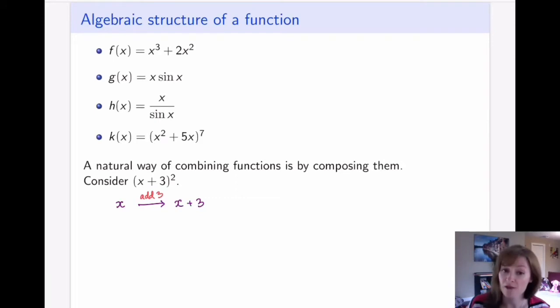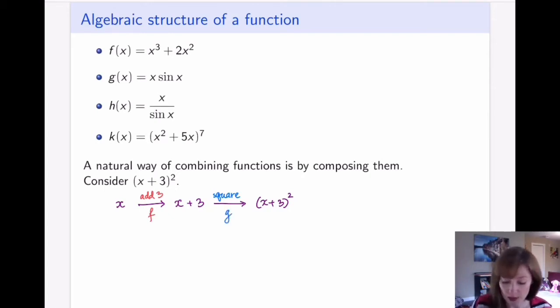And then once we have that computed, we will raise the whole thing to power 2. So the next function that gets applied will be the square it function. And the result here will be x plus 3 squared. Now, as opposed to giving them verbal names like add 3 and square, I can also give them much shorter names so that I can use the function notation. So let's say the add 3 function will be called f, and the square function will be called g.